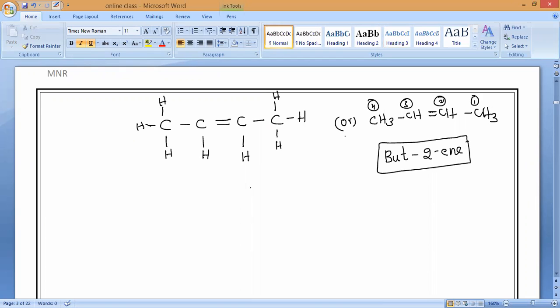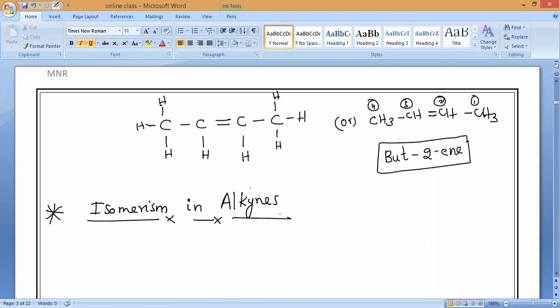Next, isomerism in alkynes. Can you tell me how isomers in alkynes will change?